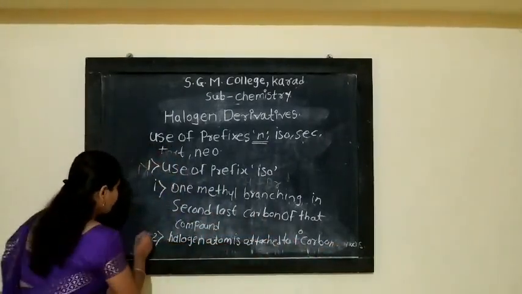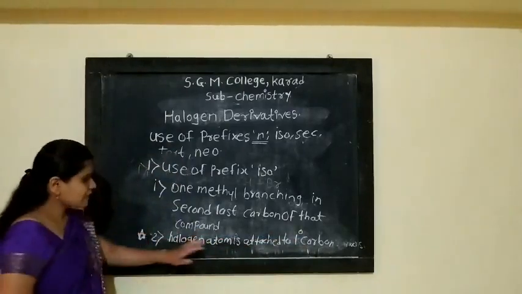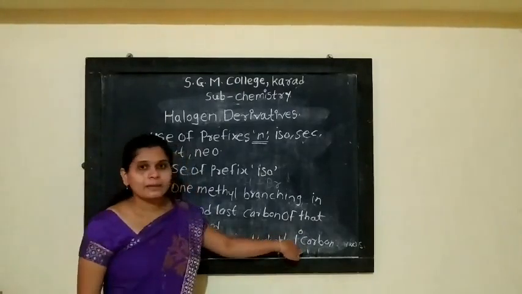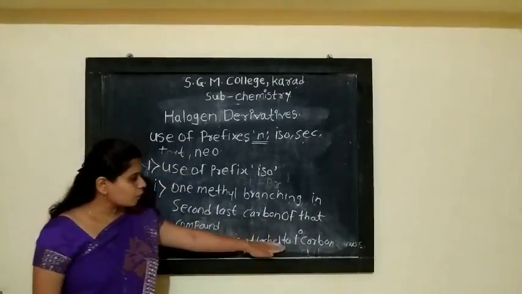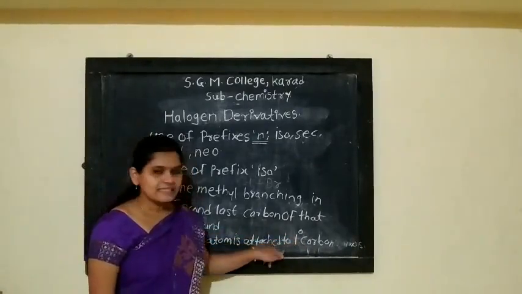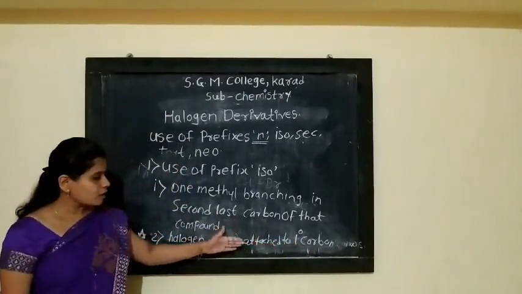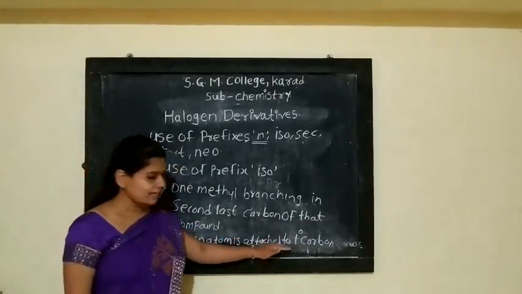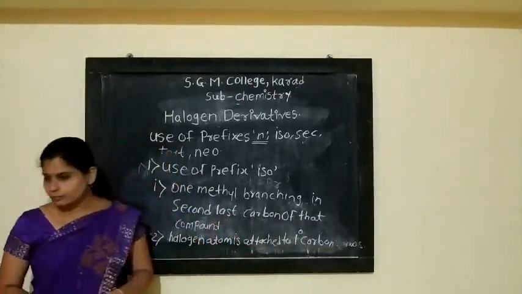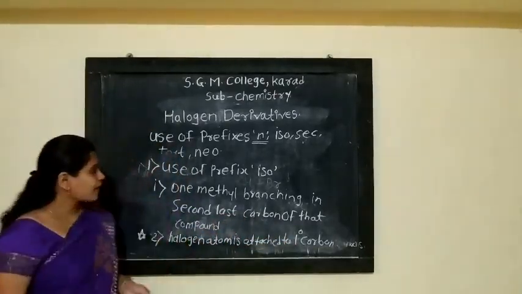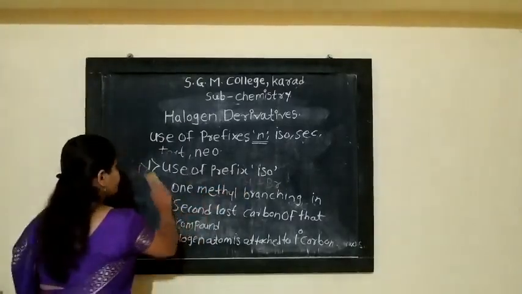In most of the cases, halogen is attached to the primary carbon, but in the case of isopropyl compound, the halogen is attached to the secondary carbon. Here I take some examples of iso.